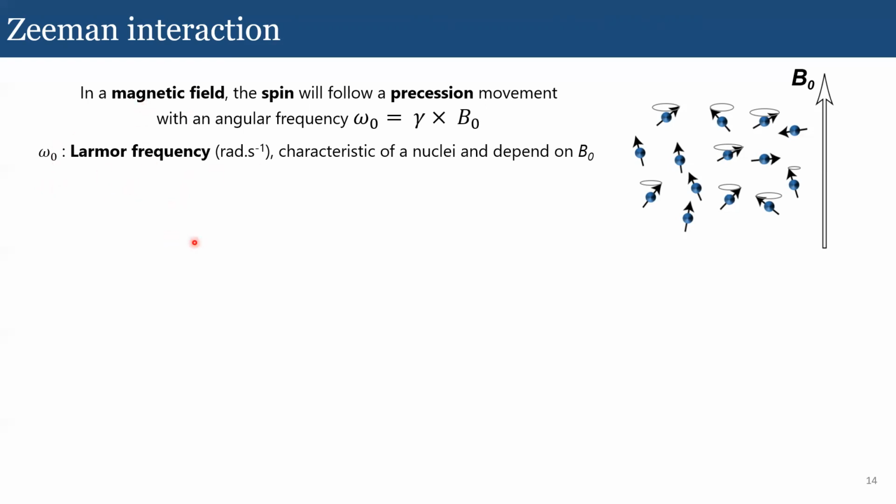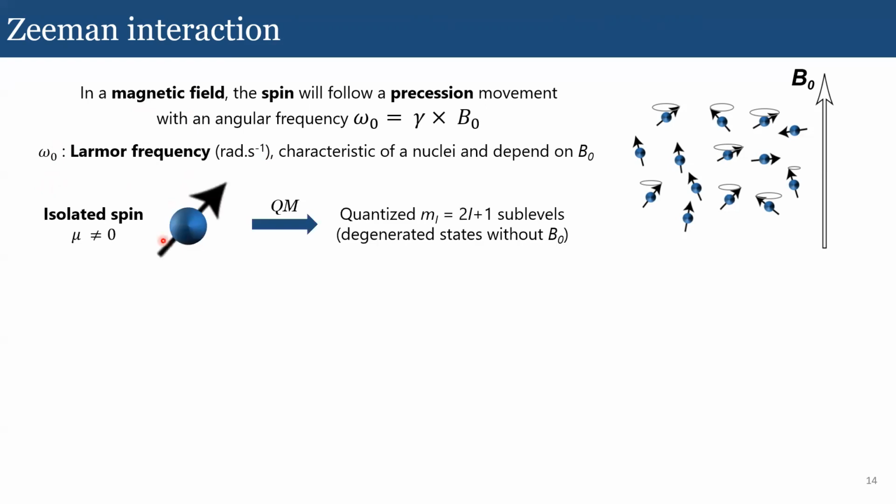So now that you are applying B0, you have precession and the Zeeman interaction is working. But like I said, if you go back to the isolated spin, you have a magnetic moment, and if you do a quantum mechanics treatment of that particle, you're going to realize that the different energy levels are quantized.